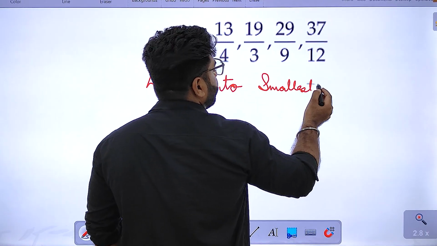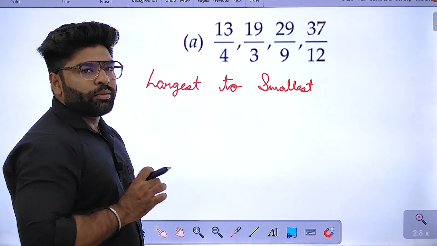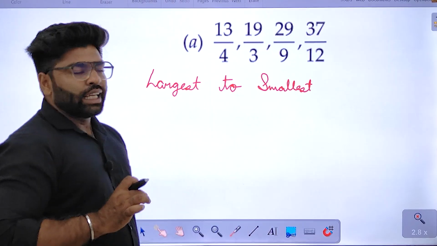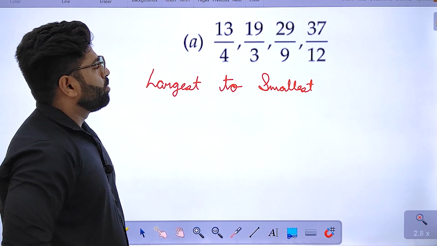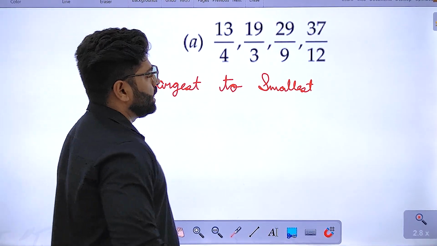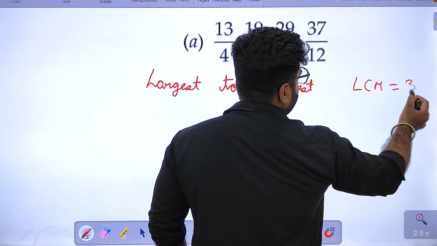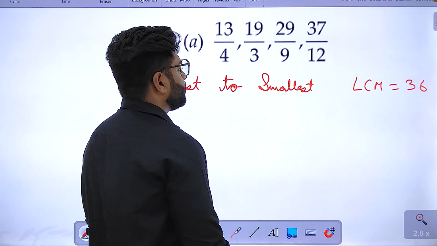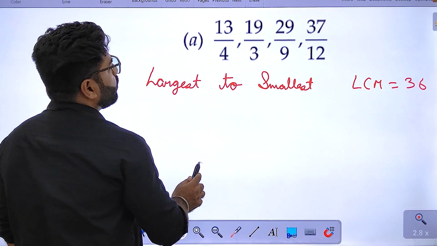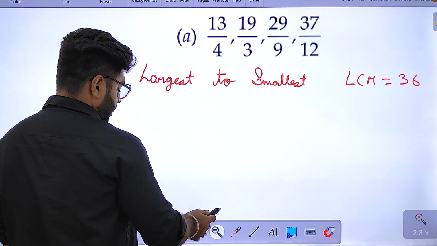These are unlike fractions. So first we are going to change them into like fractions by taking the LCM. The LCM is 36. You know how to find the LCM, so I am writing it directly. One by one we are going to change them.